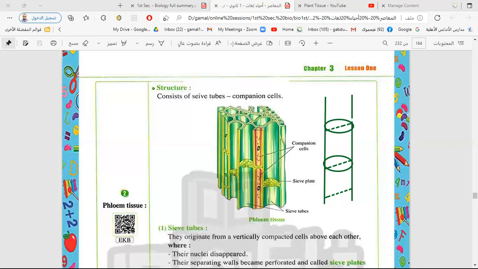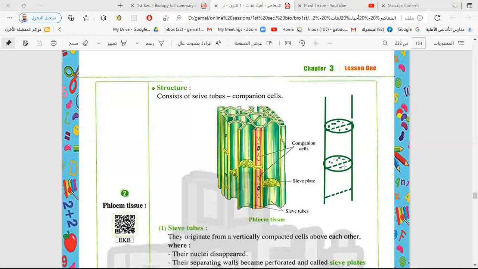It has some holes like this, or pores like this. Okay? It is pitted like the sieve. The meaning of sieve, you know the meaning of sieve? المصفى أو المنخل. تعرفوا طبعا المنخل يا شباب.